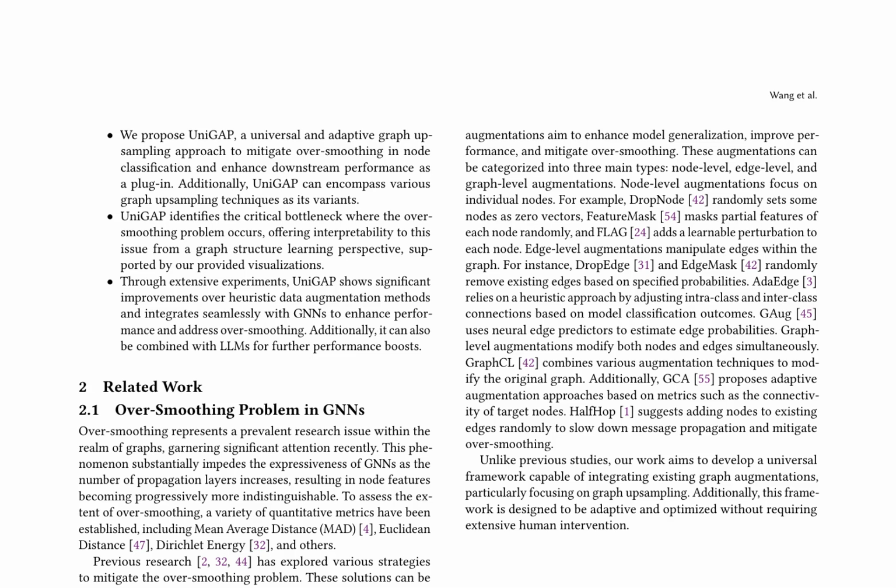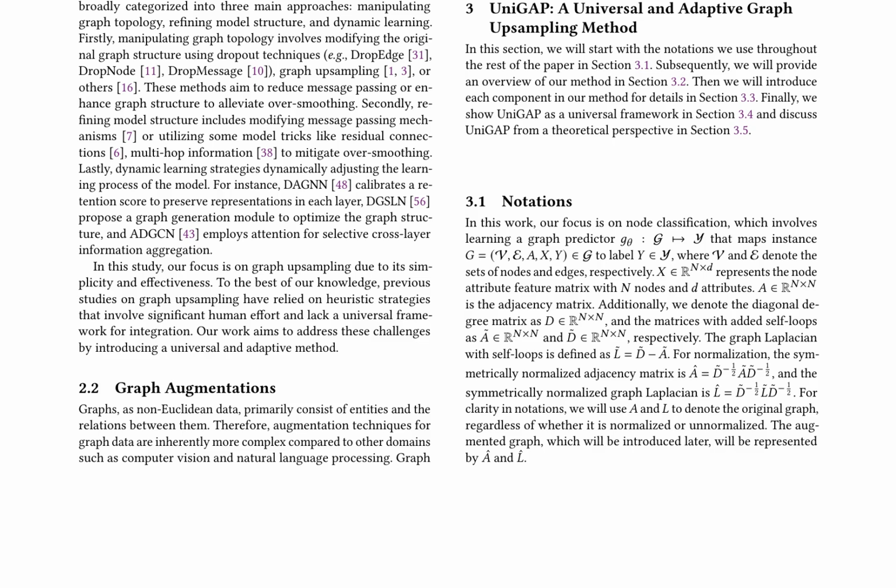Subsequently, UniGAP iteratively refines these sampling probabilities based on evaluation metrics, e.g., accuracy or smoothness, of the upsampled graph in downstream tasks. This iterative process strives to yield an optimally upsampled graph suitable for downstream applications.